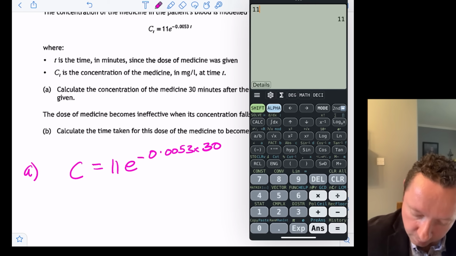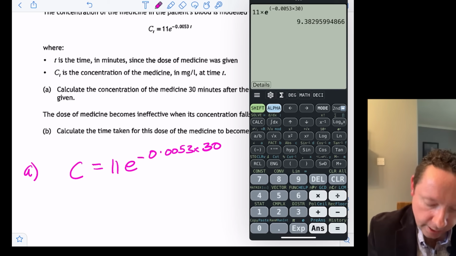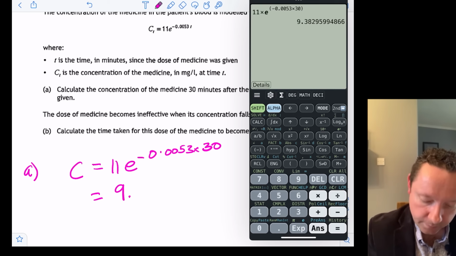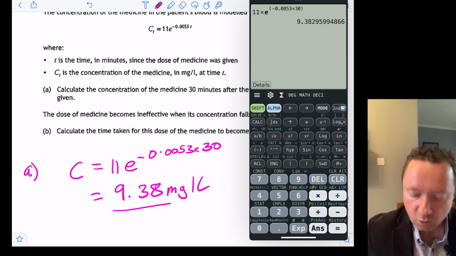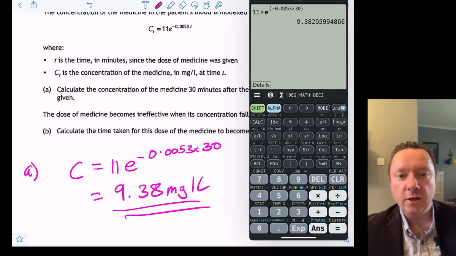So 11 times e to the power of, use my brackets, minus 0.0053 times 30, close my brackets, press equals, and you get an answer of 9.3829, so 9.38 will be fine. Milligrams per litre. Whether or not we'll take a mark off for losing the units, you need to get units if you can.